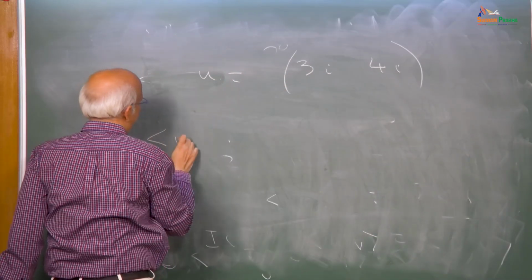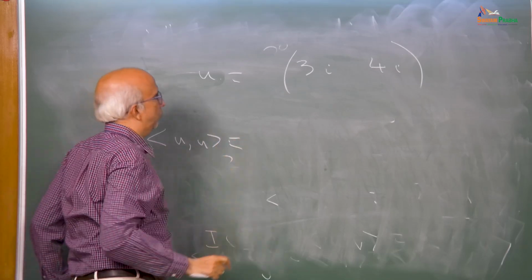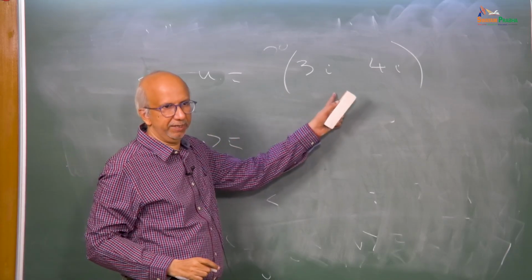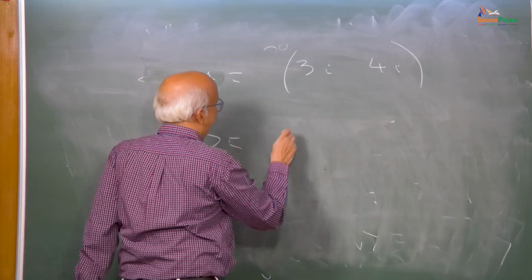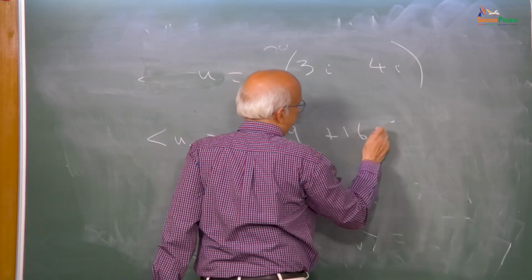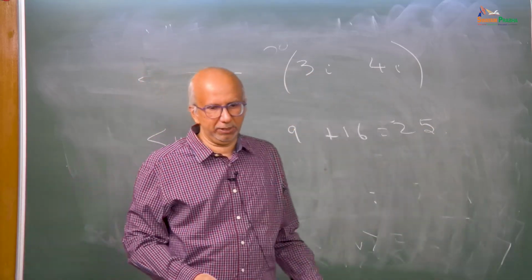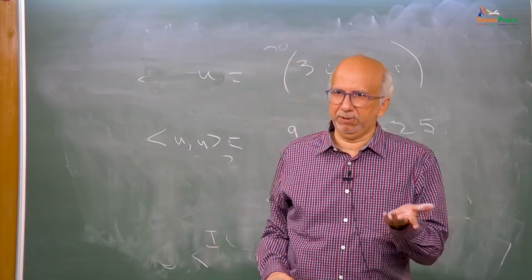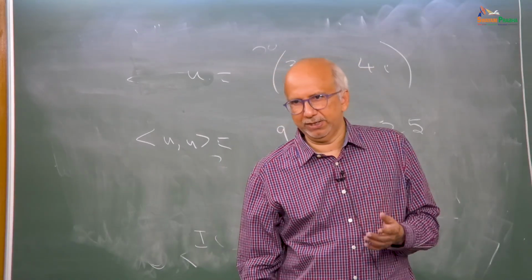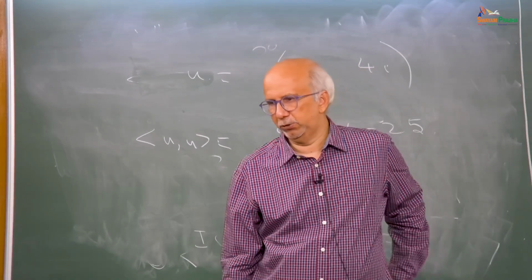The inner product of u with u is, take the complex conjugate of this, minus 3i, multiply by 3i, I get plus 9 plus 16, I get 25. Just to tell you, when you multiply something by its complex conjugate, you will always get a positive number, the magnitude of that.